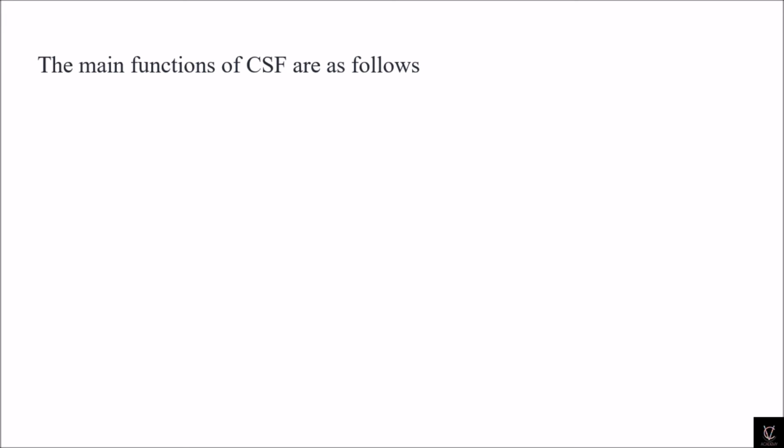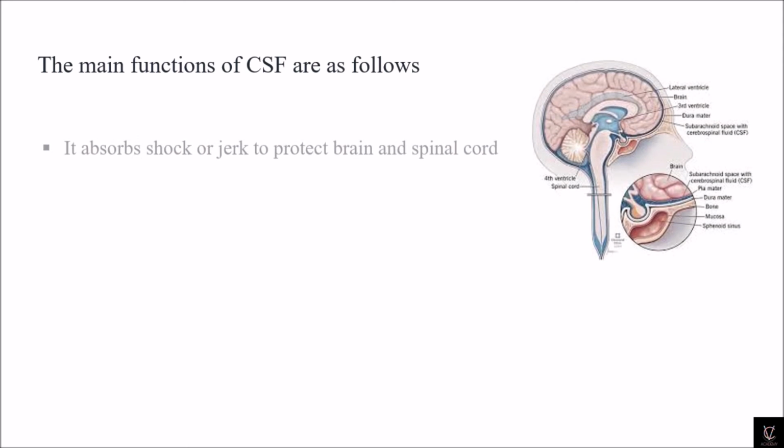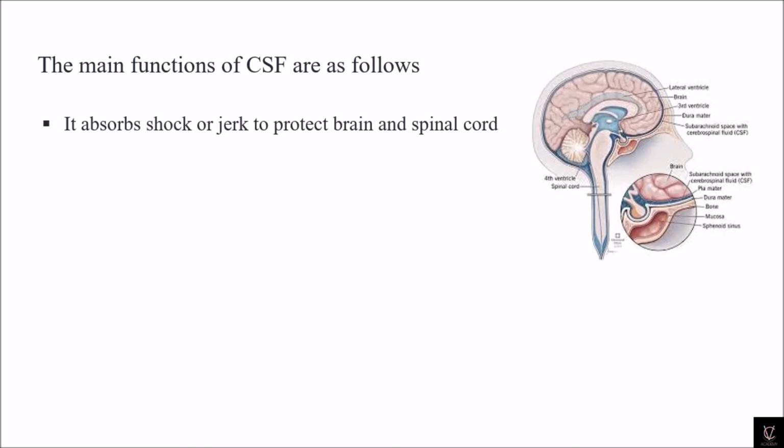The main functions of CSF, or cerebrospinal fluid, are as follows. The very first one is that it absorbs shock or jerk to protect the brain and spinal cord.